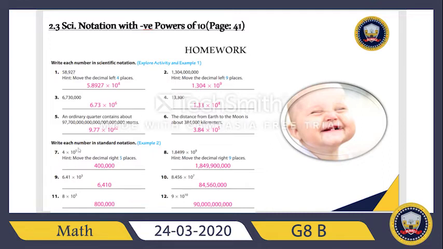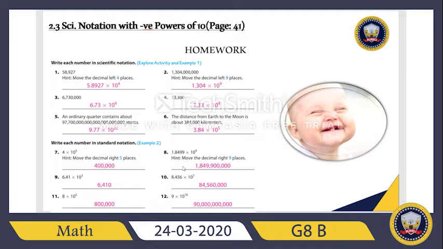Alright, so this 5 indicates that I'm going to move my decimal point 5 places to the right. So first I'll write my 4 here, and I'll start moving the decimal point 1, 2, 3, 4, 5. At each step I will add a 0. So in total I have 400,000, which is equal to this number in standard form.